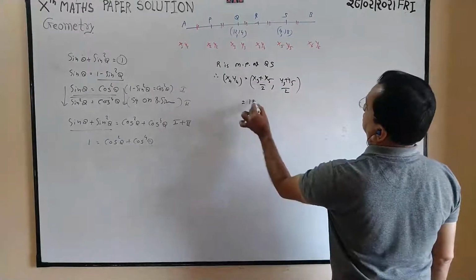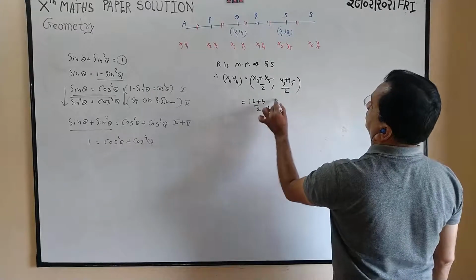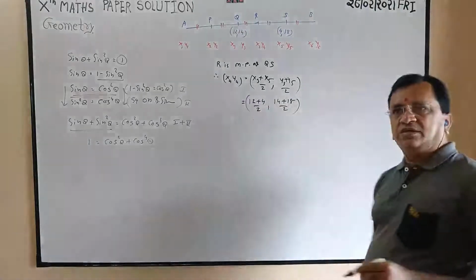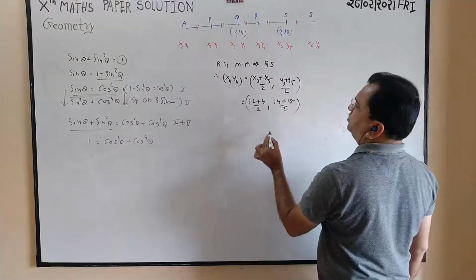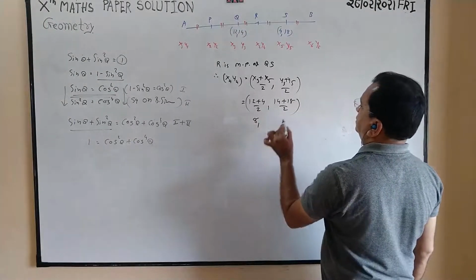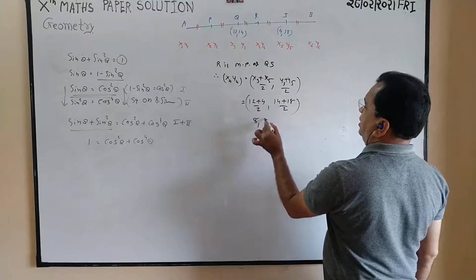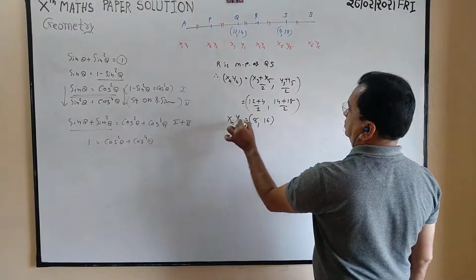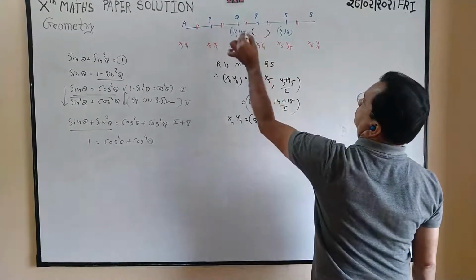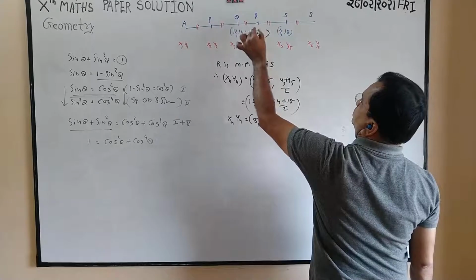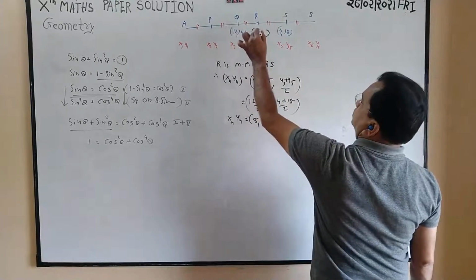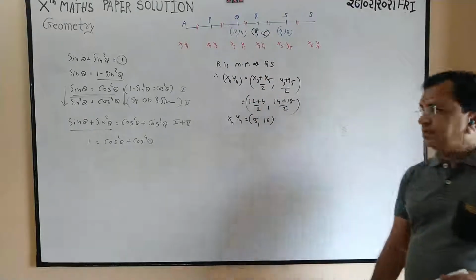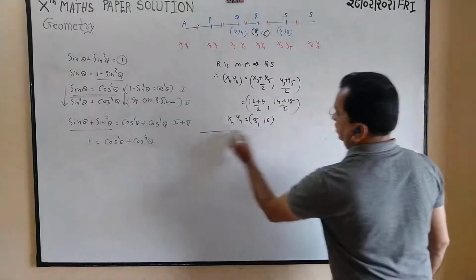So it is 12 plus 4 by 2, 14 plus 18 by 2. Correct. 16 by 2, so it is 8. 32 by 2 means 16. Substitute. Check. Okay, so first done.